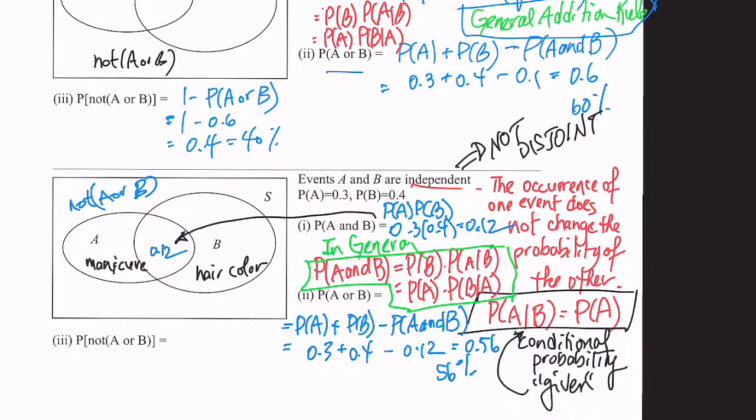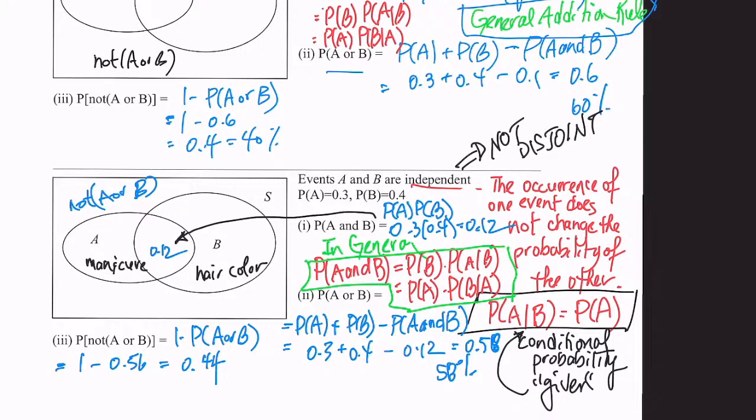The chance of being out there is 1 minus A or B. So this is equal to 1 minus 56% is equal to... not 56, it's 58, isn't it? 58.